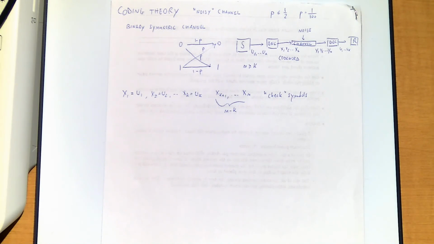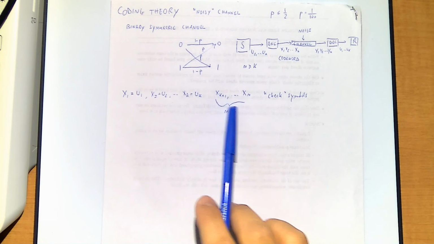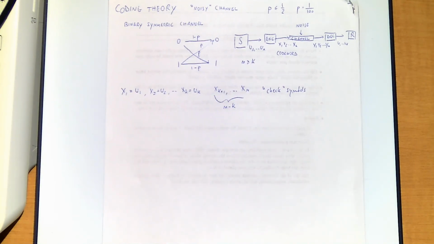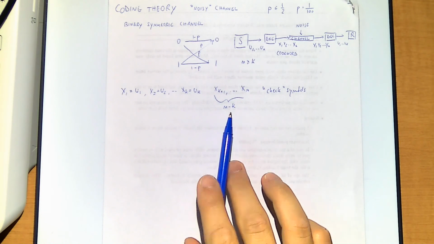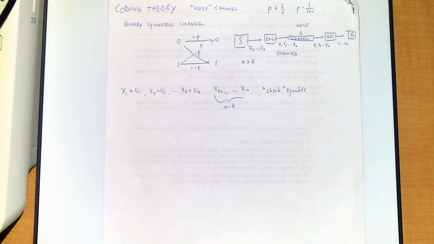So that I know that if some error happened, then I can detect it and hopefully correct it, right? So there has to be some relation that ties all the symbols together. And so these check symbols, I mean, I have n minus k of them, right? And I have to define some algebraic relation that identifies them.